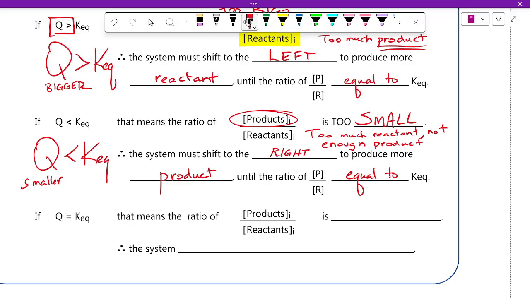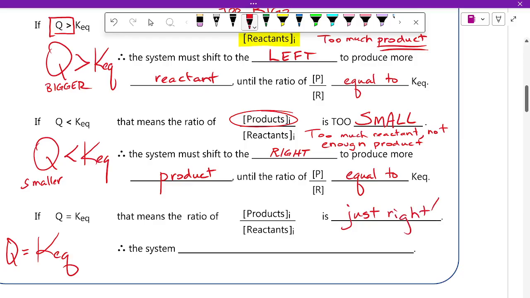If Q is equal to KEQ, that means the products to reactants ratio is just right. Using the Goldilocks analogy there. Okay?